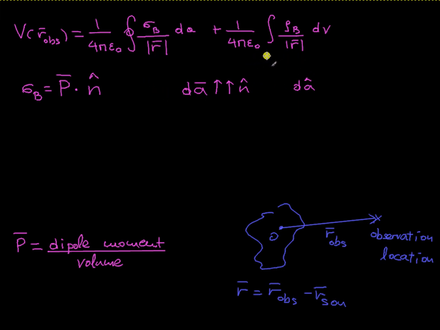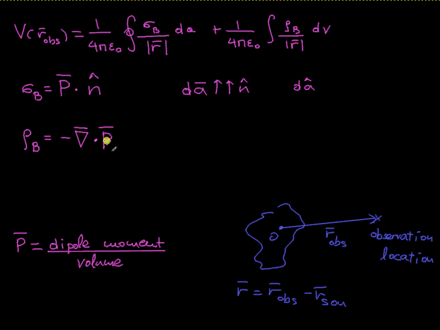And the second integral is a volume integral. The constant 1 over 4 pi epsilon naught, the integral over dV, so this is a volume integral, with a charge density that is defined as minus the dot product between the del operator and polarization.